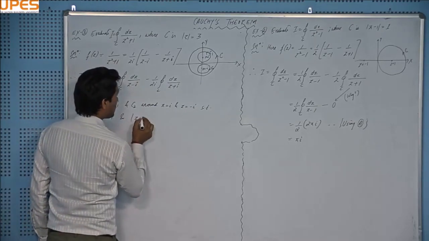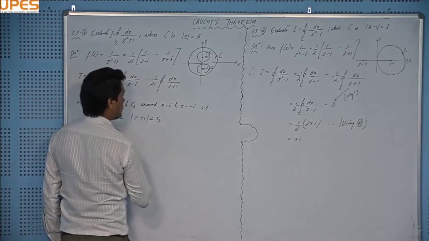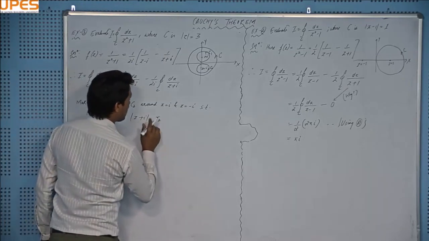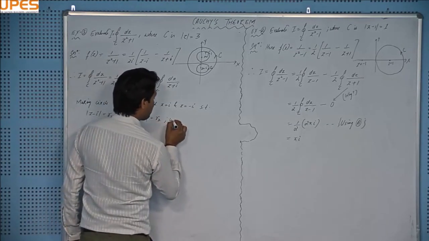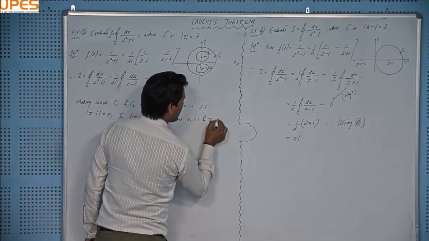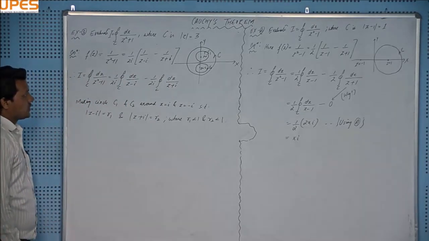And the second circle is mod z plus iota, and this radius is r2. Sorry, these are circles, not discs, where r1 is less than 1 and r2 is also less than 1, in order to avoid overlapping, right?